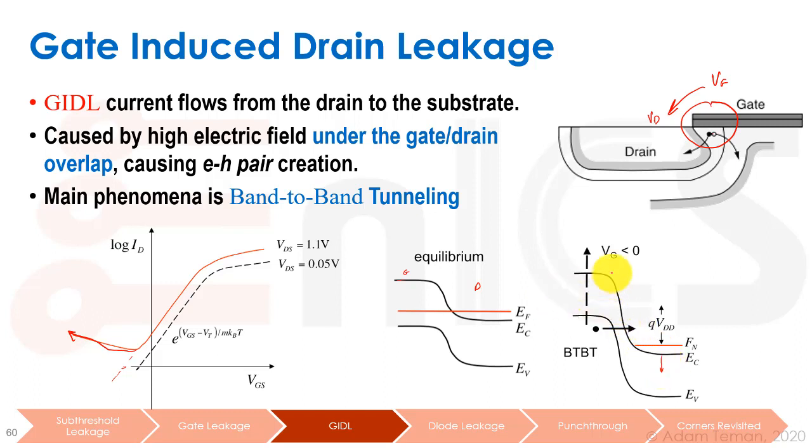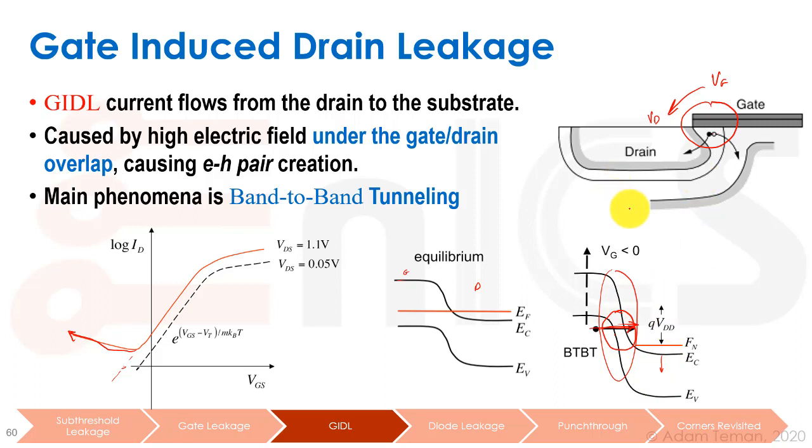Since we have this really steep change in the bands from the gate to the drain, we have an area where the valence and conduction bands are very close together, and then electrons can essentially just jump over this barrier and tunnel through. That's called band-to-band tunneling. It gets worse the higher our differences.